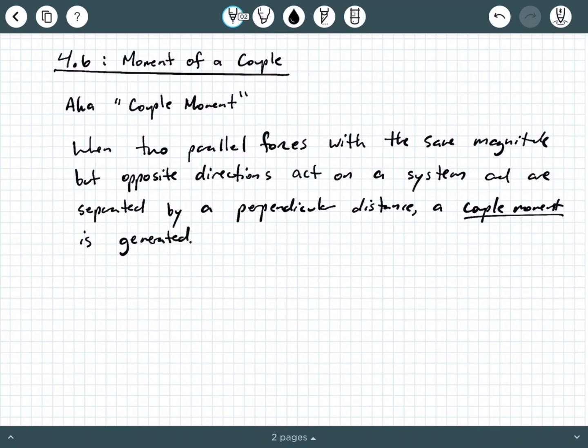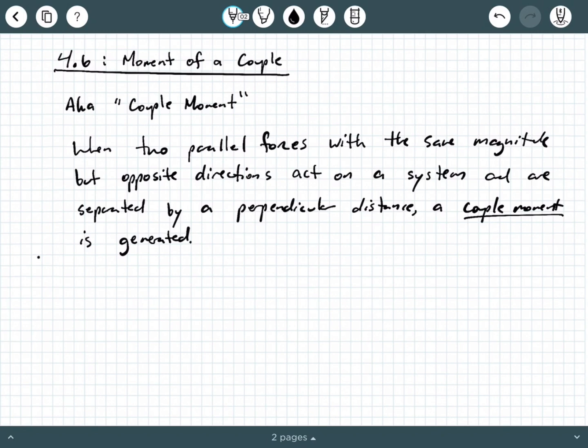So again, in this case, you have two forces with the same magnitude, but they're pointing in opposite directions, and they are separated by some perpendicular distance between the two forces. You get what's called a couple moment.